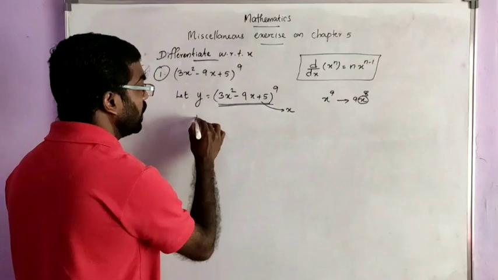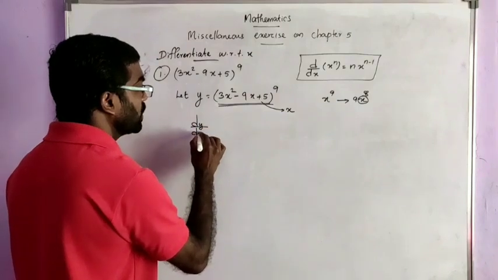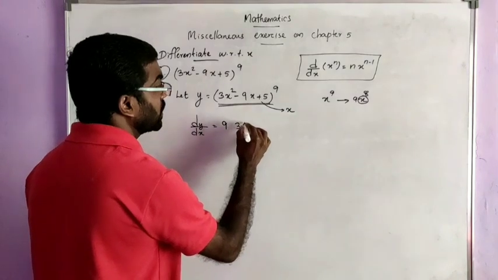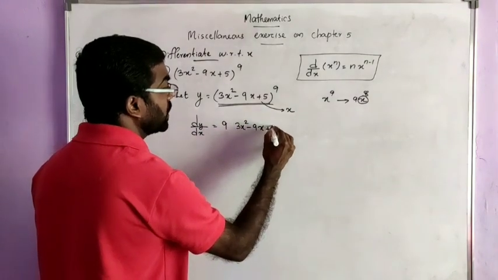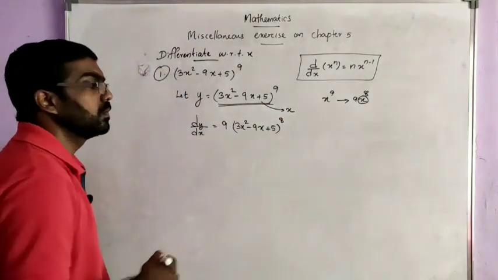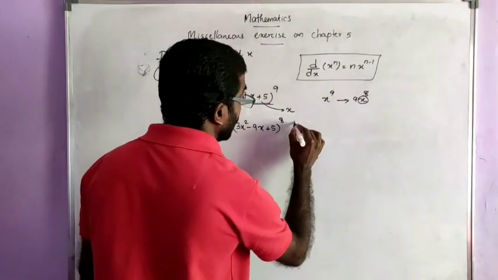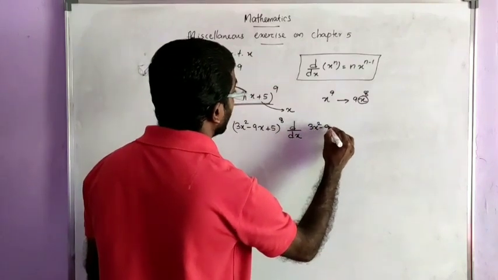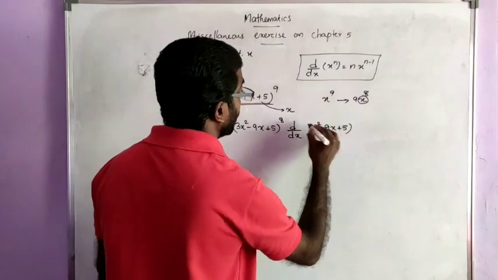So we can write dy/dx = 9 into (3x² − 9x + 5)⁸. Clear? Now we have to apply the chain rule, that is into d/dx of (3x² − 9x + 5).